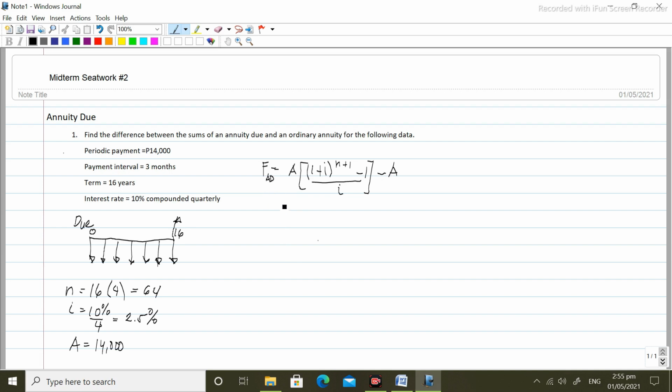So, substitute the value of A, which is 14,000, times 1 plus the interest rate of 2.5, meaning 0.025, raised to the number of payments, 64 plus 1, minus 1, divided by 0.025, minus 14,000.